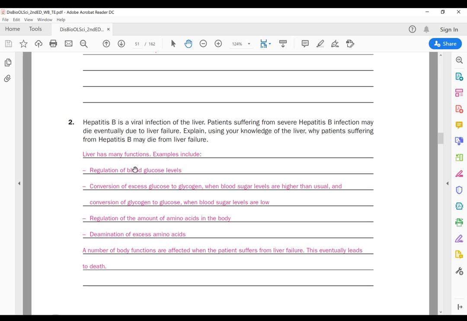So you must highlight that the liver helps to regulate the blood glucose level, converting excess glucose to glycogen when blood sugar levels are higher than usual, or, during fasting when blood sugar levels are low, it will convert glycogen to glucose for us. And it helps to regulate the amount of amino acids. Remember, I told you before, when there's excess amino acid, it will deaminate the excess amino acid into urea, to be passed out in the urine. So these are a few functions that you can highlight.